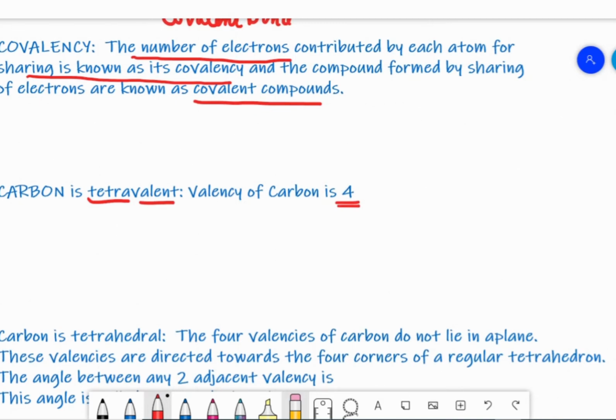When you write carbon's electron configuration, the K shell has 2 electrons and the L shell has 4 electrons. We consider only the valence electrons, so we explain bond formation using the 4 valence electrons. Carbon can use these 4 valence electrons for bond formation with other elements.